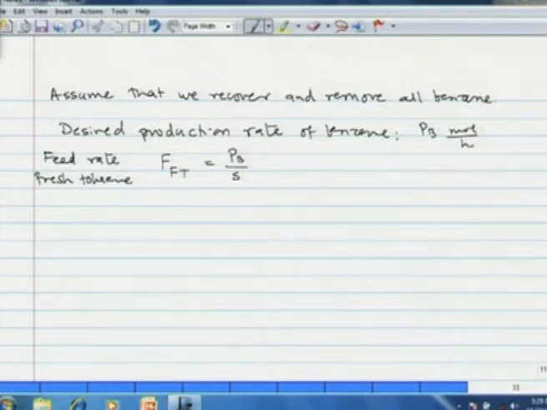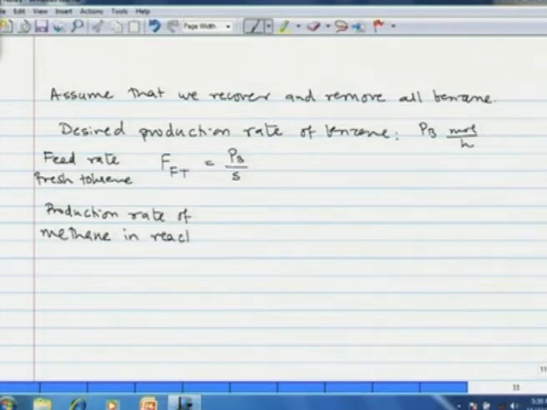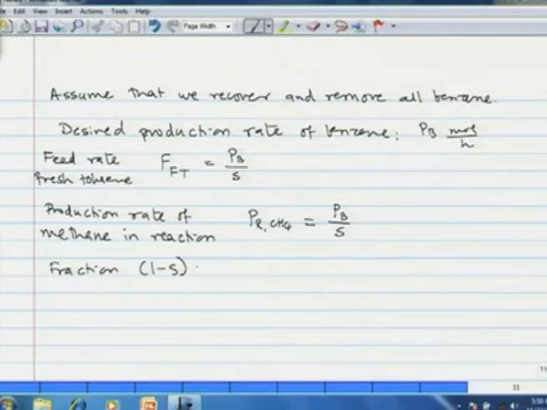Okay. Now, if you go to the basic reaction stoichiometry, then you would find that the production rate of methane in the reaction, which we denote as PrCH4, is also Pb by S. If fraction S of toluene is converted to benzene, the fraction 1 minus S is lost to diphenyl.